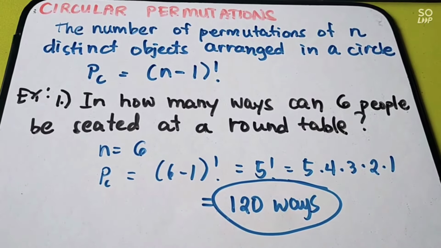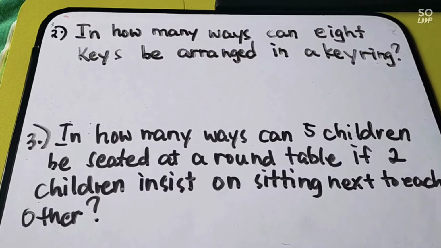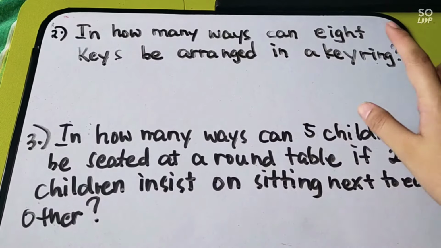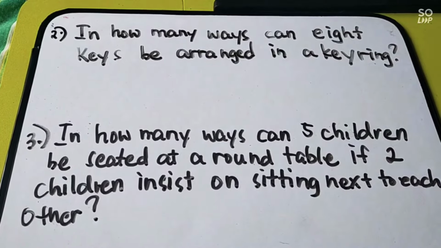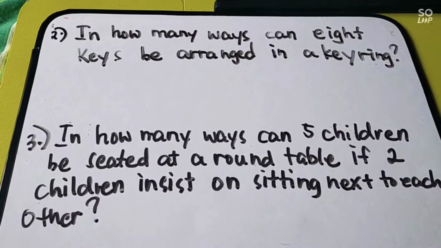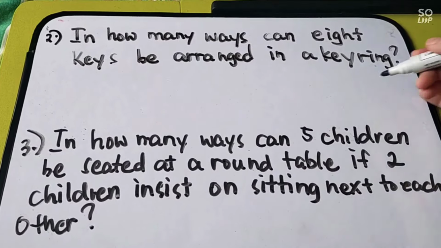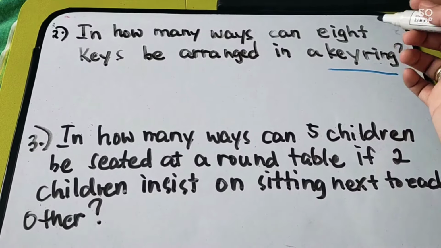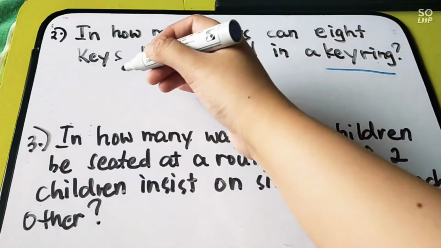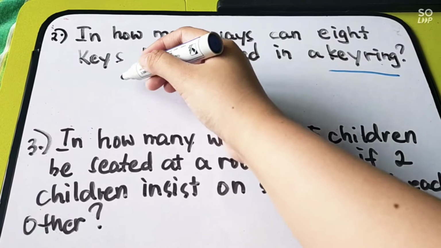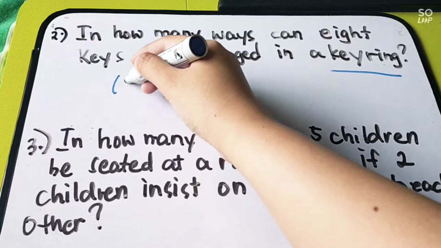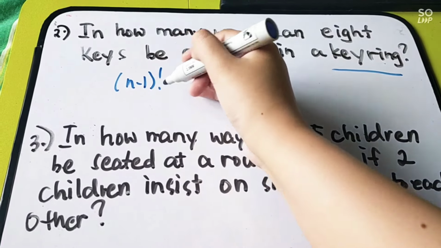Let's have another example. Number 2. In how many ways can 8 keys be arranged in a key ring? So, key ring is a circle. So, this one is a circular permutation. Therefore, our formula, we have n minus 1 factorial.